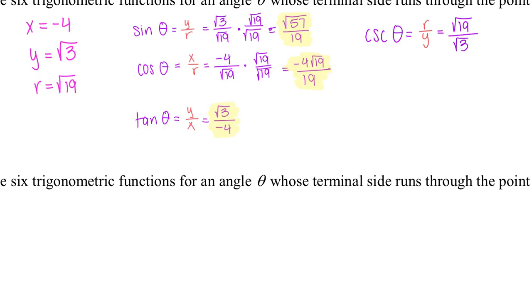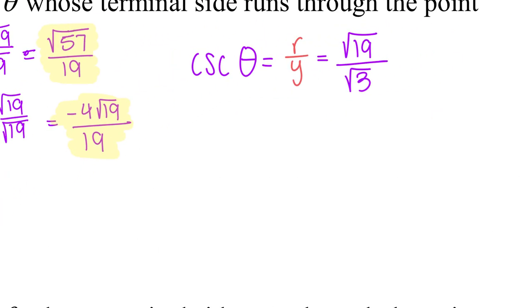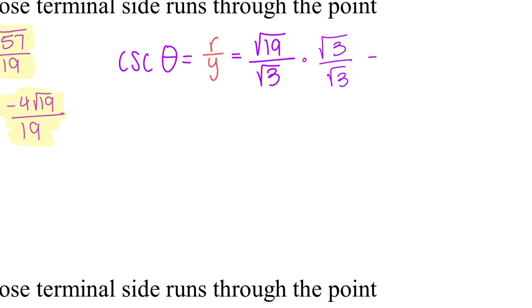We had x and y, and that's what I'm using to plug in. So in this case, I still have to rationalize that denominator because it's a square root. And I'm going to end up with the square root of 57 over 3. Okay, so my answer is definitely a little different than what I had for sine.